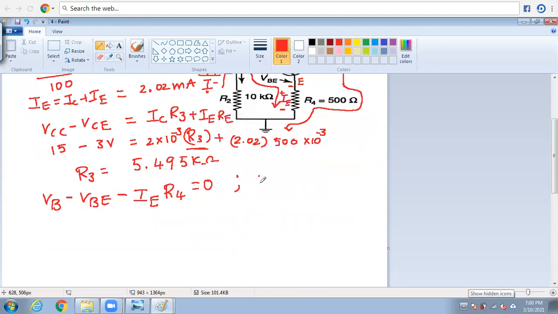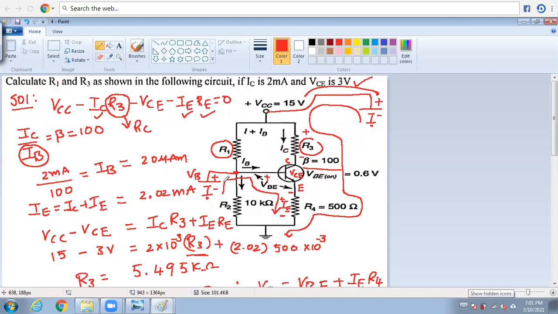So the final VB equals VBE plus IE into R4. There is one more expression for VB. If you want the voltage across this resistance, it is the total voltage times the particular resistance divided by the sum of the resistances.